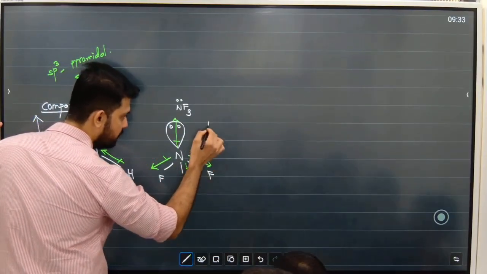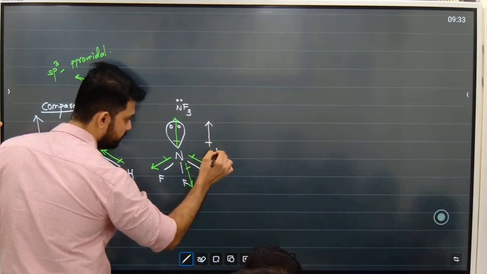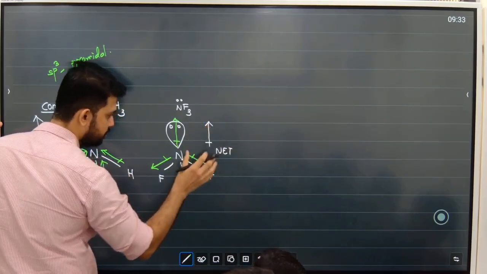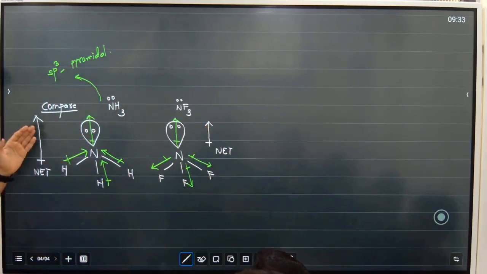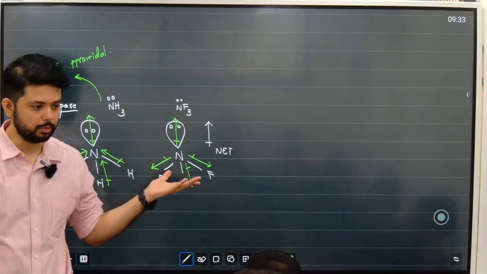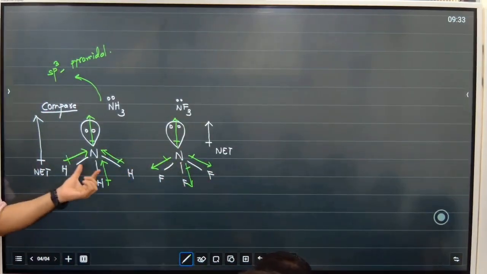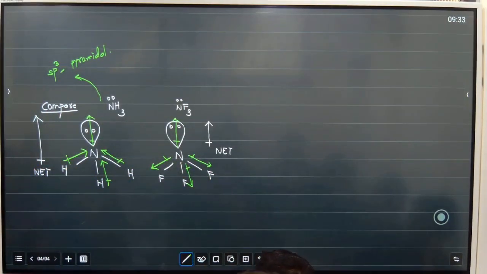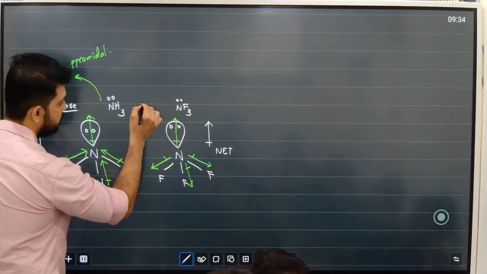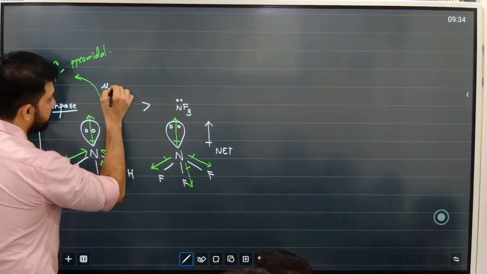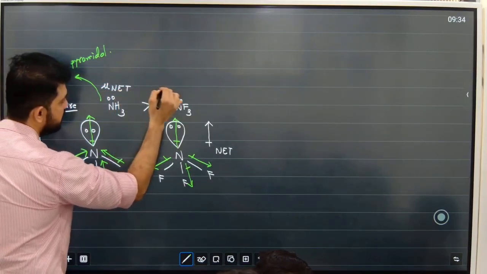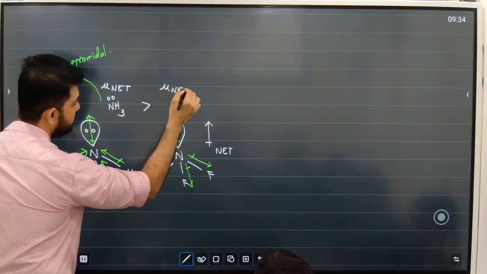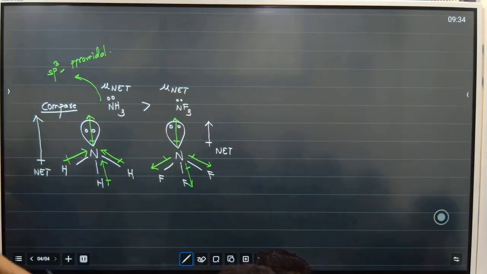But look at the net dipole. The size of the arrow, you can compare that and say that it's like the magnitude of the dipole. Who has greater dipole over here? NH₃. So the net dipole of NH₃ is greater than the net dipole of NF₃.